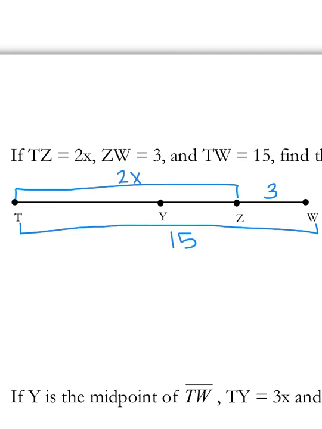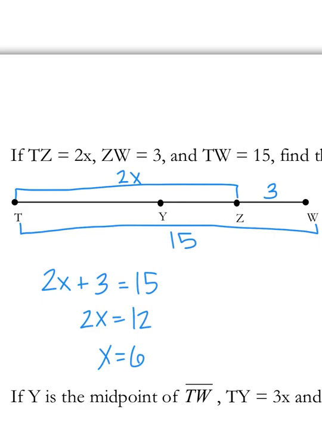So I always put in those little brackets just to help organize the problem. So now it says find the value of x is the question. So now this, all it is part plus part equals the whole. So you know the total length, you know each part, so now you can do part plus part equals the whole. So 2x equals 12, so x would equal 6.